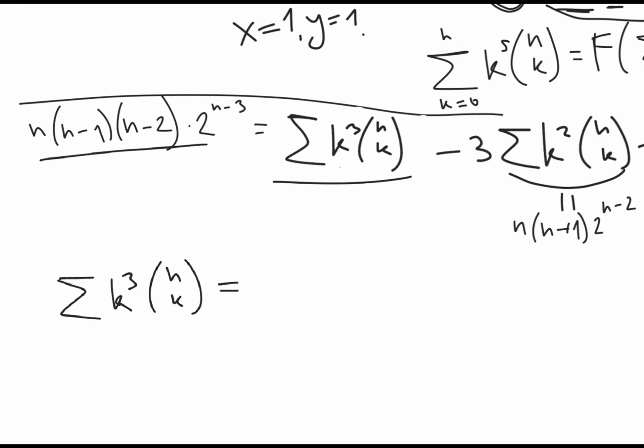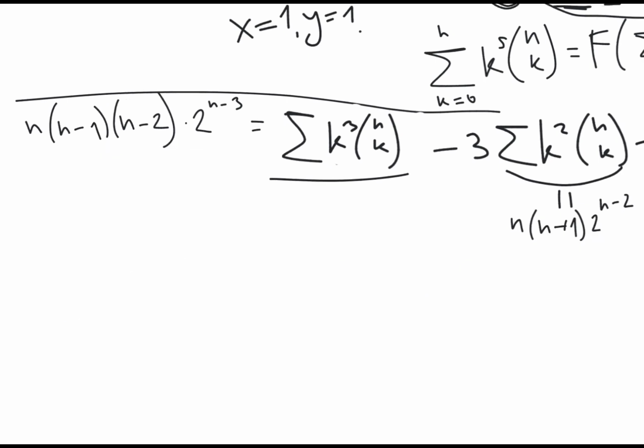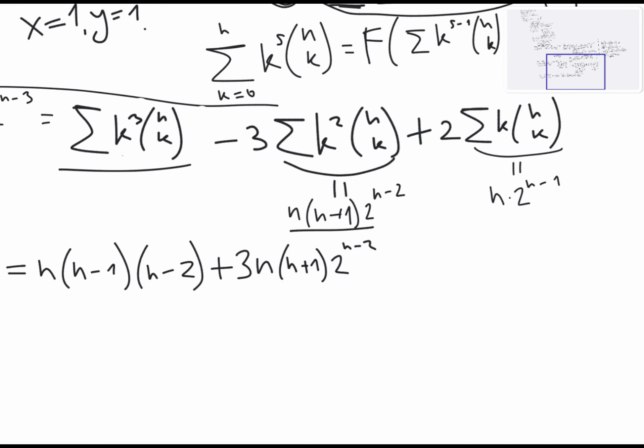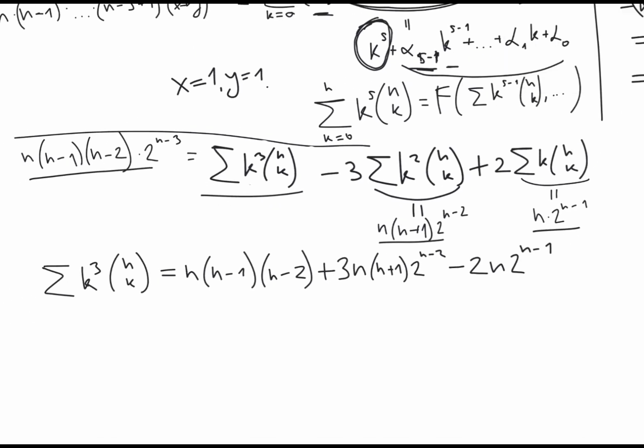So it's n multiplied by n minus 1, n minus 2, plus 3 multiplied by 3n, n plus 1, 2 to the power n minus 2, minus 2n, this expression 2 to the power n minus 1, and this is the answer. Maybe we can simplify it further. Here I forgot 2 to the power n minus 3, of course.